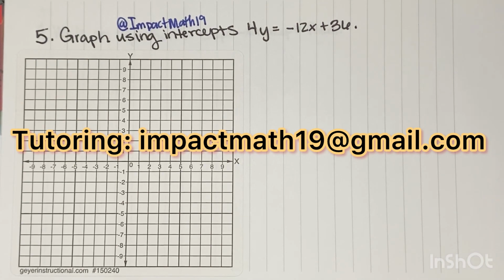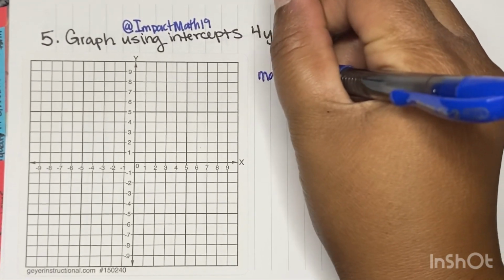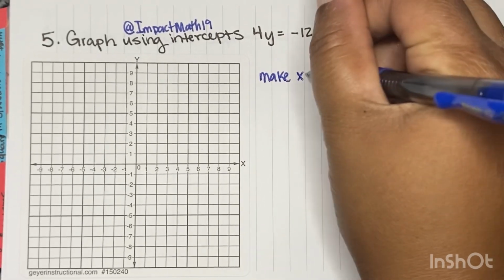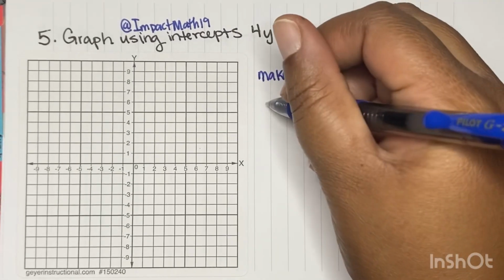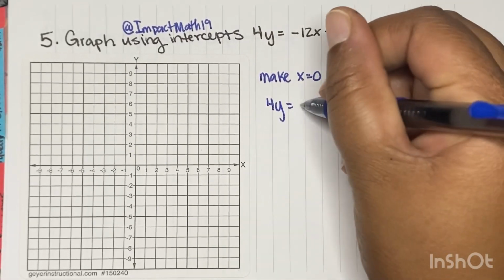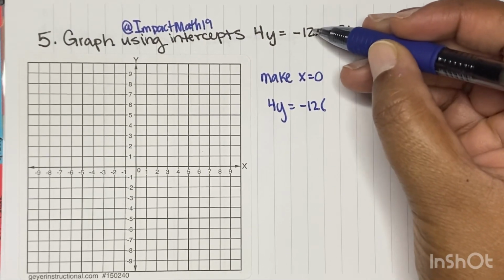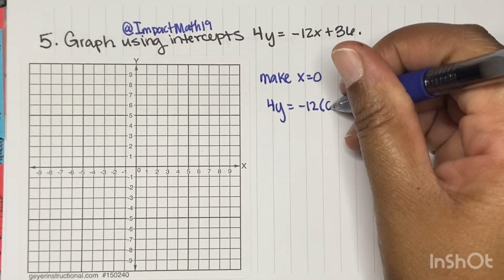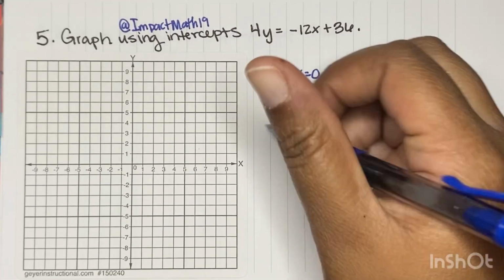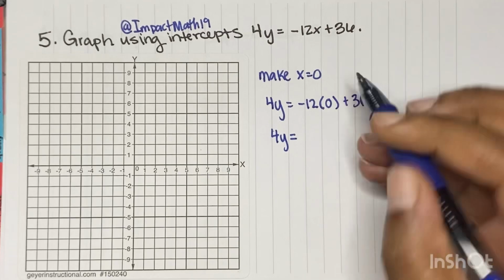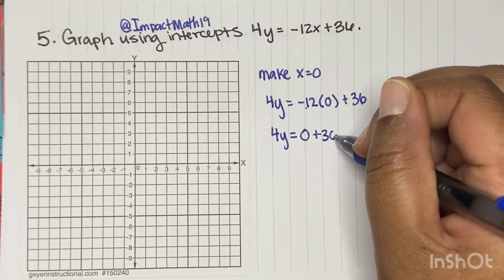Alrighty. Graph using intercepts. Okay. So we're going to make x equals 0. And we're going to solve for the y. So I'm going to write 4y equals negative 12 times. Remember, these are connected through multiplication. So times 0 plus 36. So we get 4y equals negative 12 times 0 is 0 plus 36.